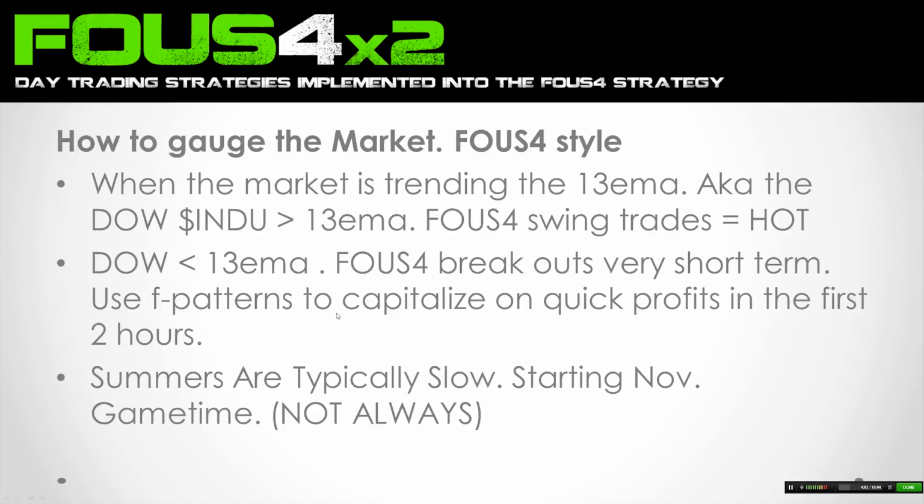We've got a little over 2 months left in the year, and November and December are typically two of my best months of the year. As always, I'm saying summers are typically slow. We're just coming out of summer. It's about mid-October, and August is usually pretty chaotic. I was listening to CNBC the other day, and they said August has historically been the worst month in the market for the past 100 years or something.